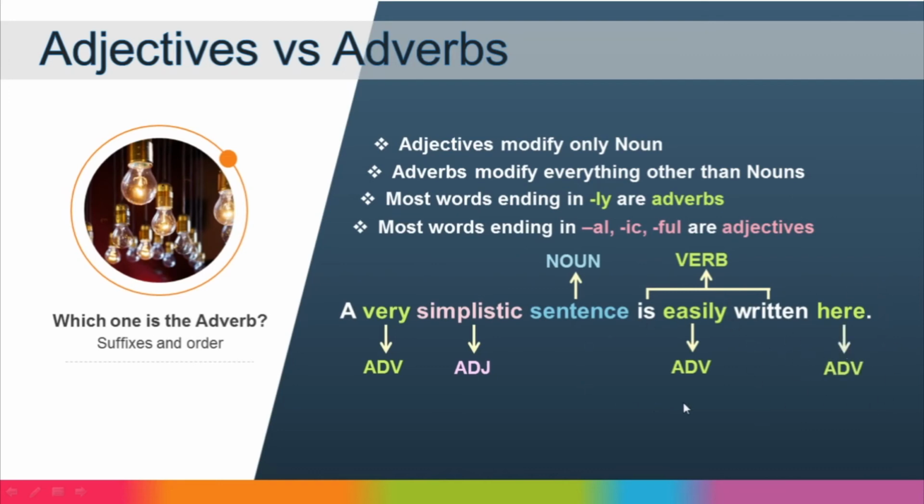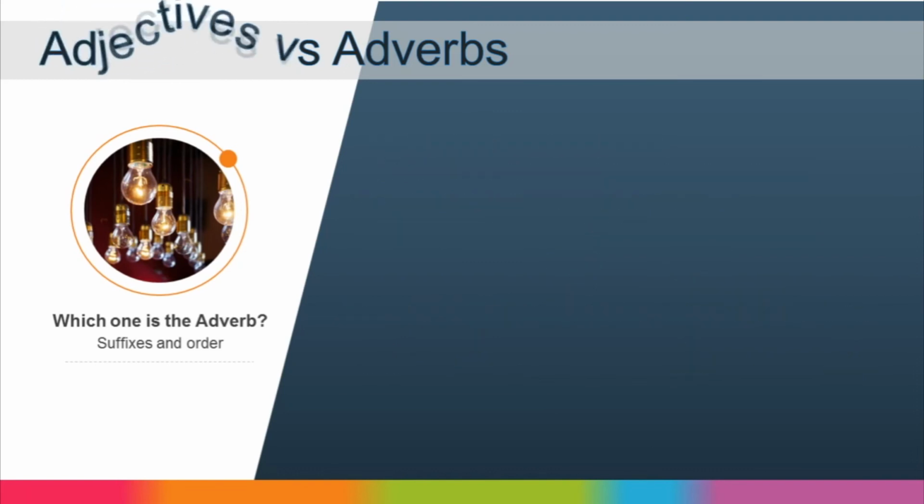So you would notice something: adjectives are usually put directly before the noun, while an adverb can be in between the verbs, in this case, or after or before. Just in this case, it is before the adjective. So the position, the order that is, can also tell you which one is the adjective and which one is the adverb.